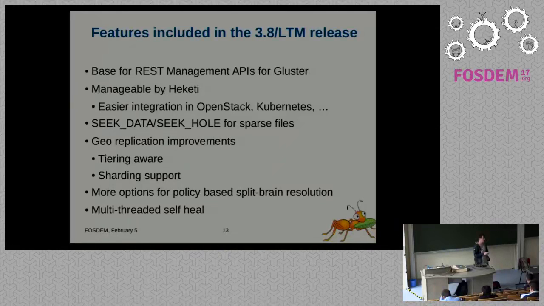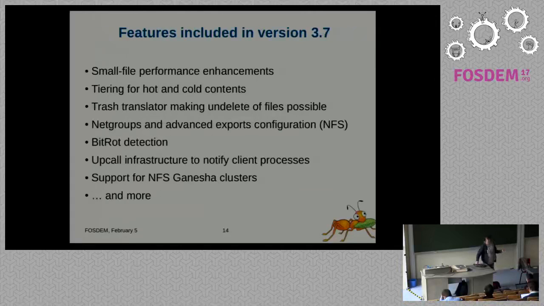And it helps administrators immensely. They don't have to recover or fix the split brains for every single file. They just can set the policy on this particular type of volume for this particular kind of workload, and they pick whatever solution they would like to see best. Yes, and in the previous release, we added multi-thread self-heal.